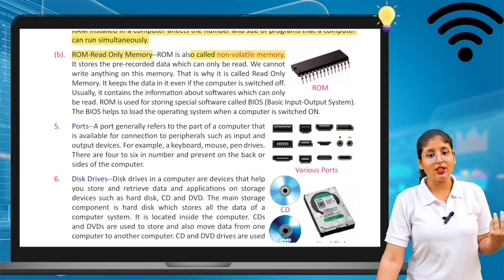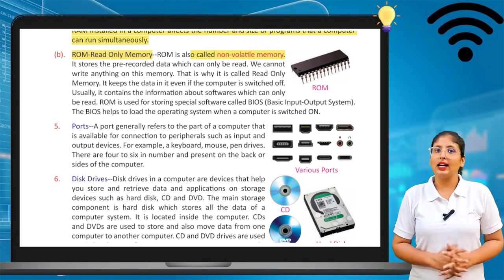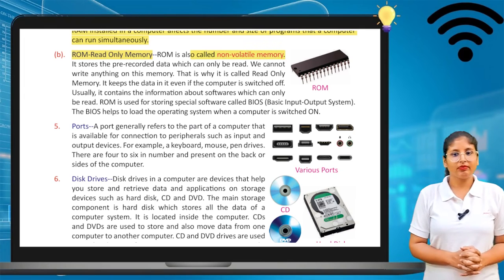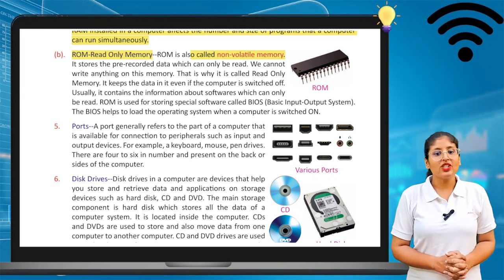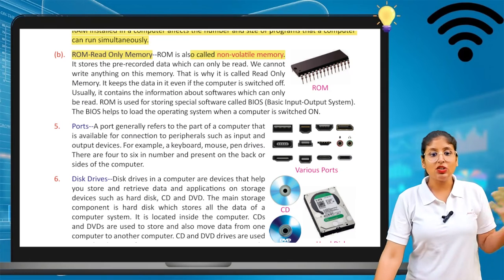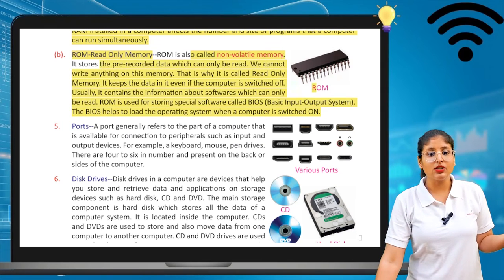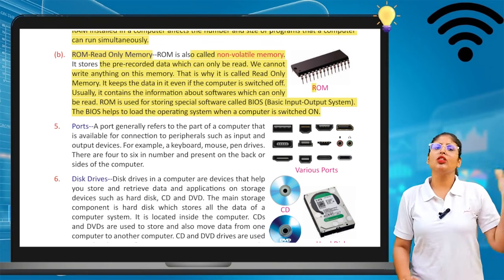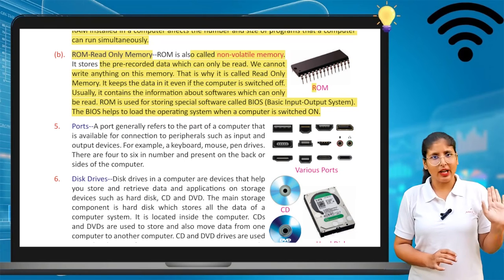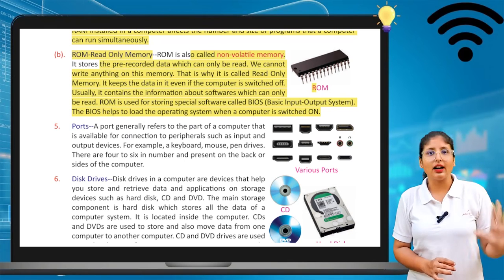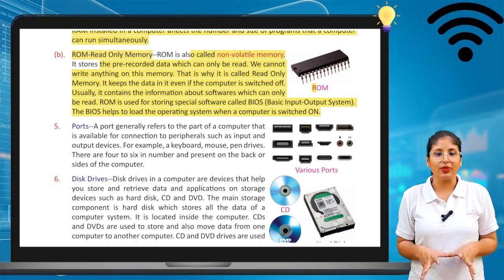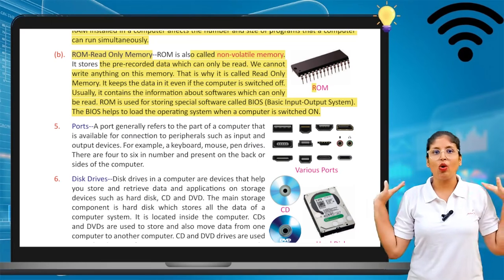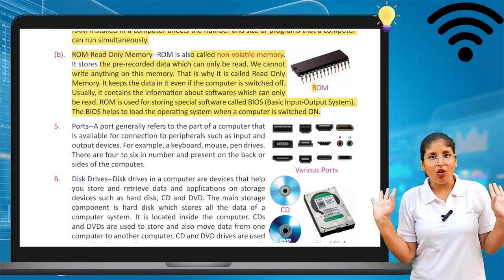It stores pre-recorded data which can only be read. Pre-recorded means it stores data in your computer for a longer period of time, just like permanent data. If you store some data in ROM, it is permanently there in your computer. It is not washed off or deleted.